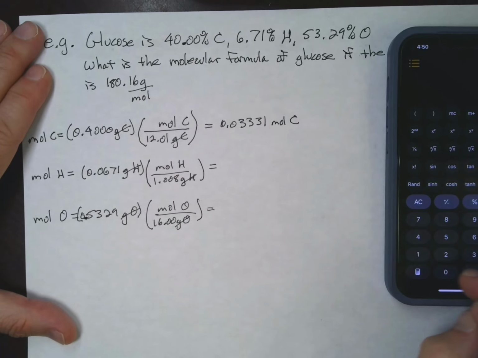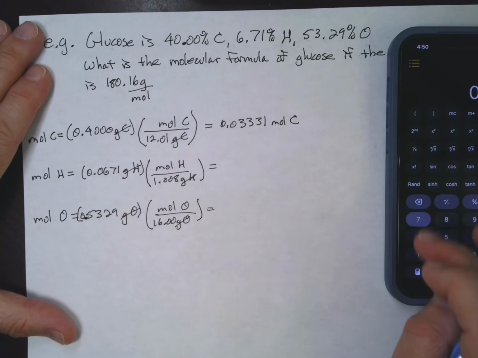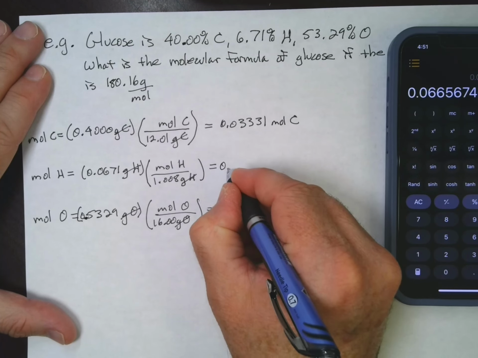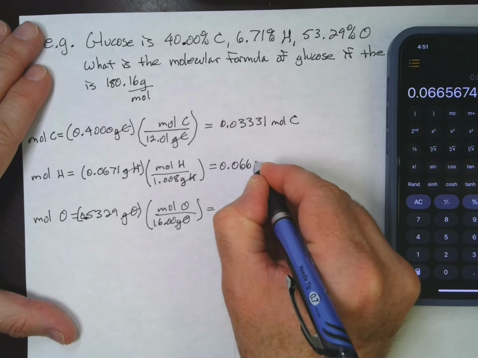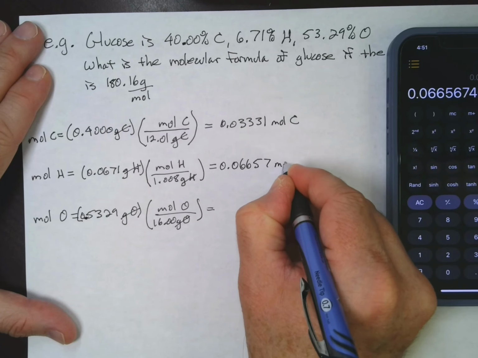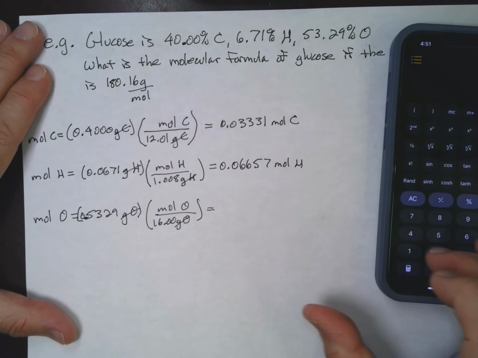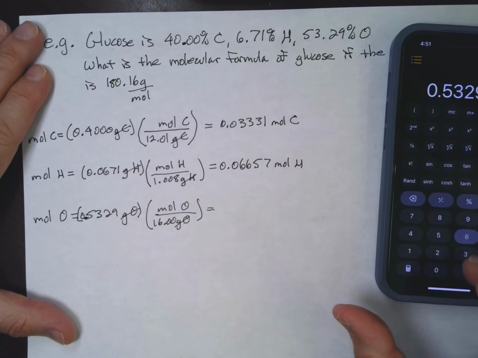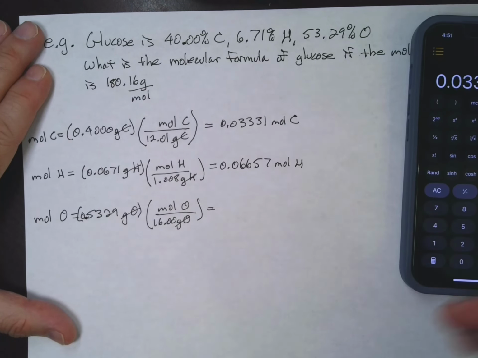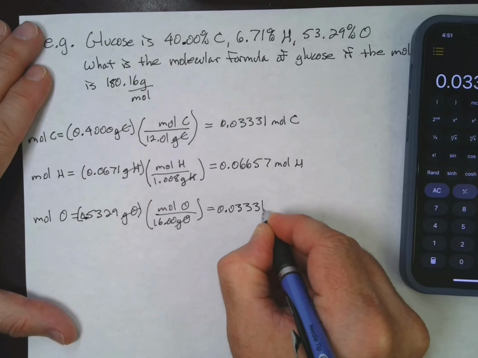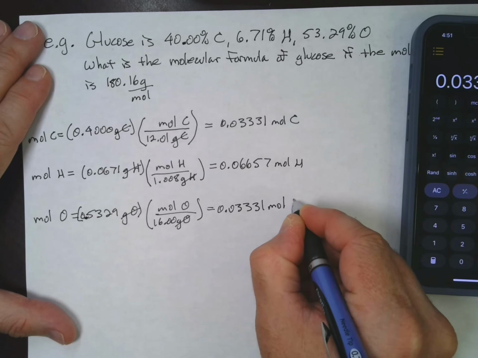And then if I've got 0.0671 grams of hydrogen, divide that by 1.008, I get 0.06657 moles of hydrogen. And then if I have 0.5329 and divide that by 16.00, I get 0.03331 moles of oxygen.